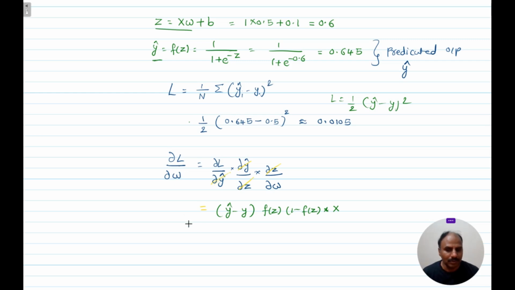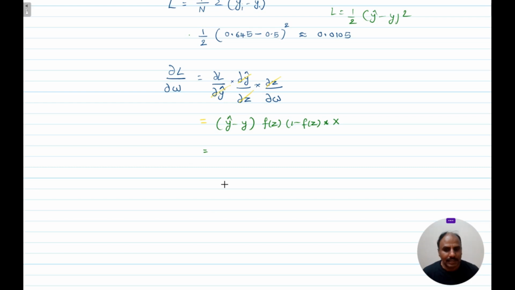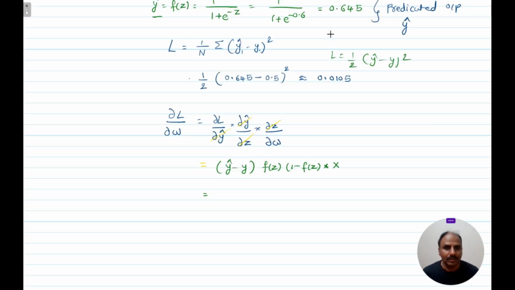Now substitute these values. What is y cap? Y cap, what we have obtained, is 0.645. What is the y expected output? 0.5. What is f of z? f of z is again 0.645, and 1 minus 0.645.